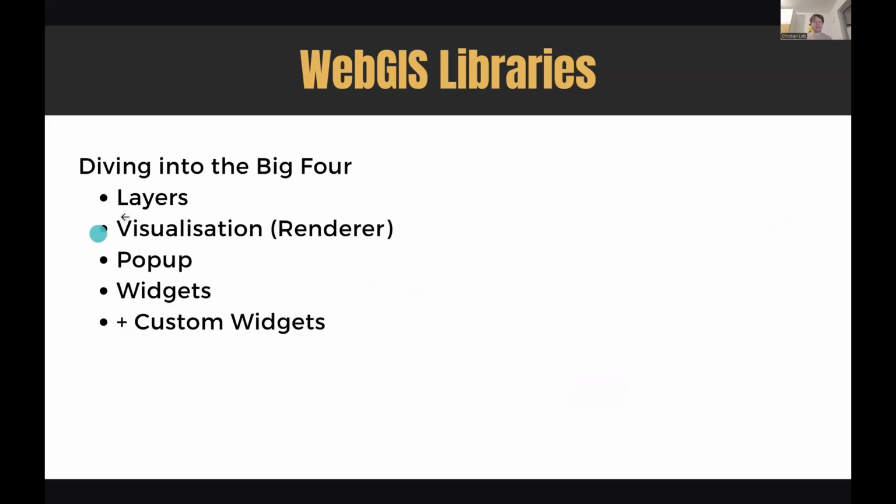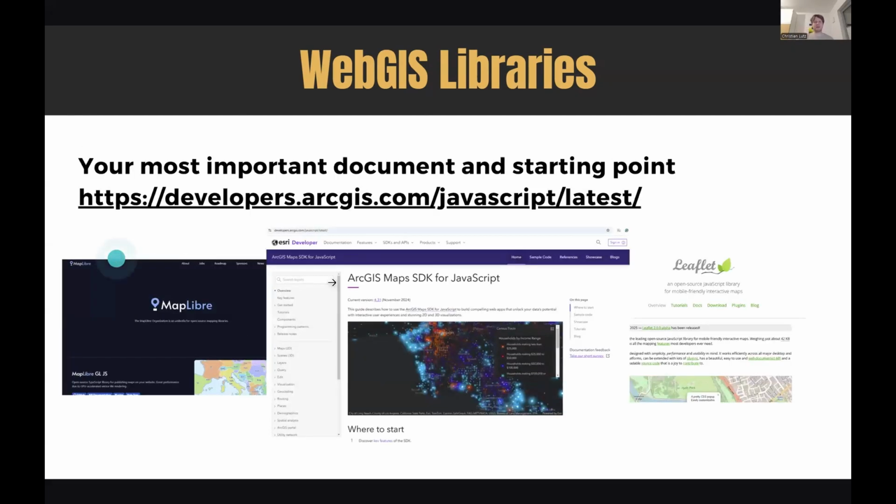Okay, but basically this is how you can get started with any WebGIS library, understanding what you just want to understand from a WebGIS library. And they work all the same. They all have maps. Maybe you have seen that if you've started with MapLibre, Leaflet, ArcGIS Maps SDK, Google Maps API, Mapbox, OpenLayers, there are so many.